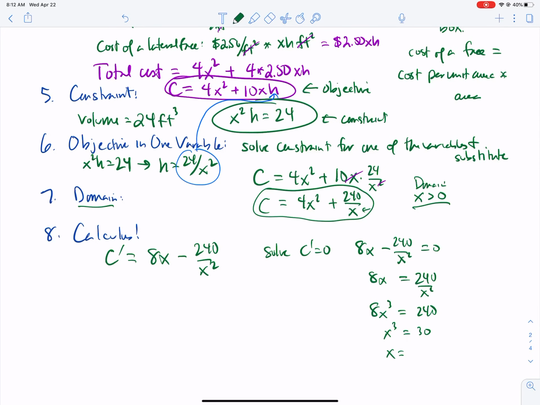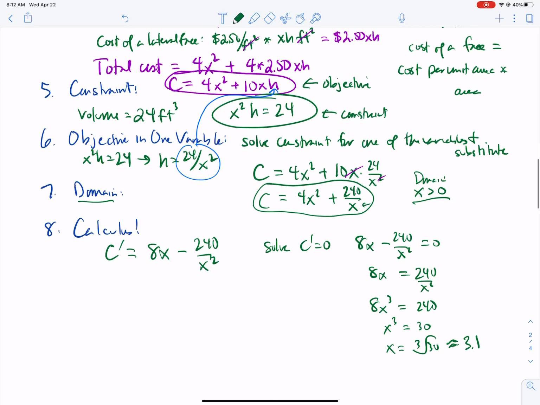And so x must be the cube root of 30. And if we're looking at this, this is about 3.1 to 1 decimal place. So this is my critical point.